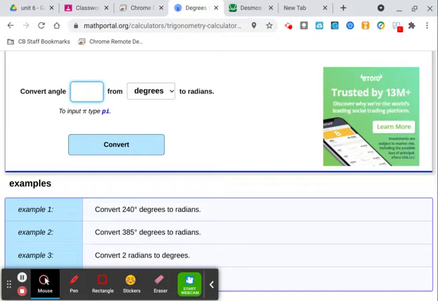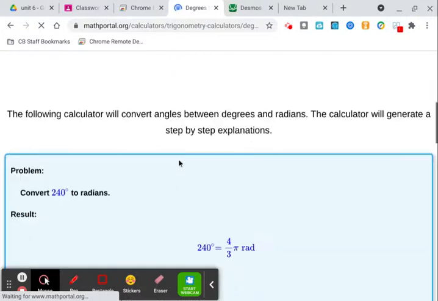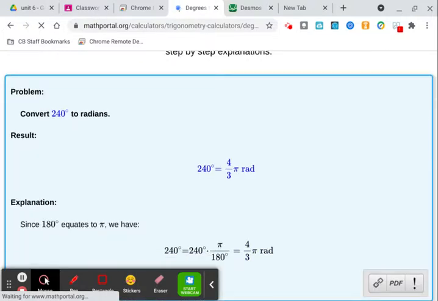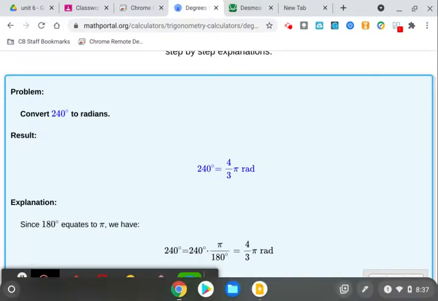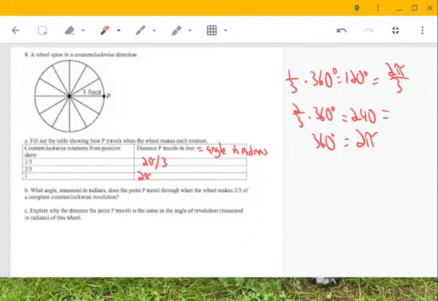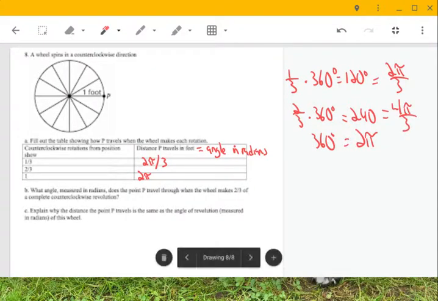So convert angle 240 from degrees to radians. That is going to be 4 pi over 3. So this one will be 4 pi over 3.